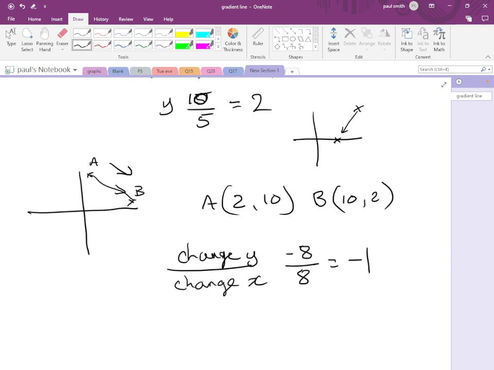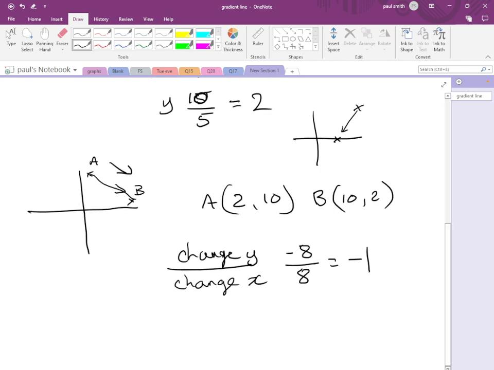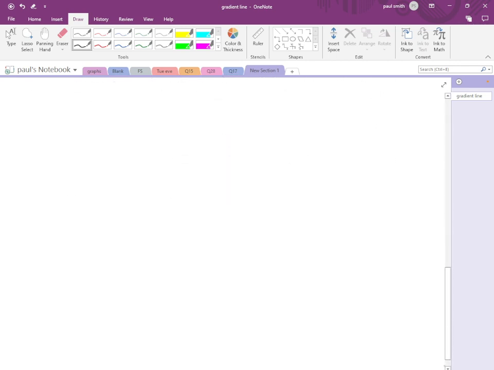Now, we can do this one again without the graph. So we've got A is 0, 4, and B is going to be 10, 20. So what is the midpoint?